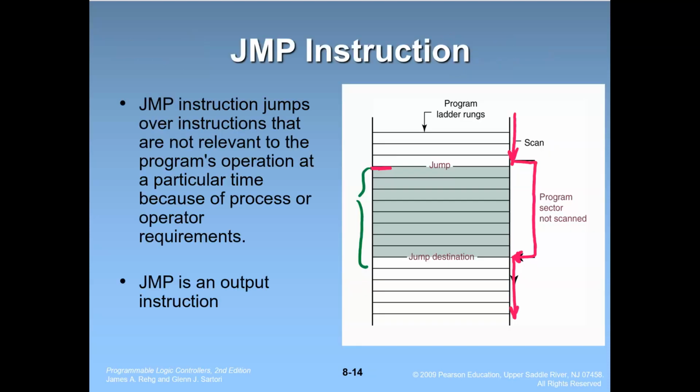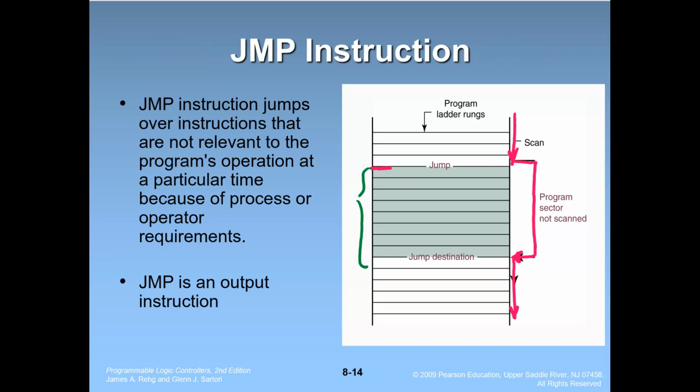The jump instruction is an output instruction. Here you can see how the instruction looks in the program. It is something like this: JMP. JMP refers to the jump instruction, which is an output instruction. And remember that the jump instruction always needs to have a destination.